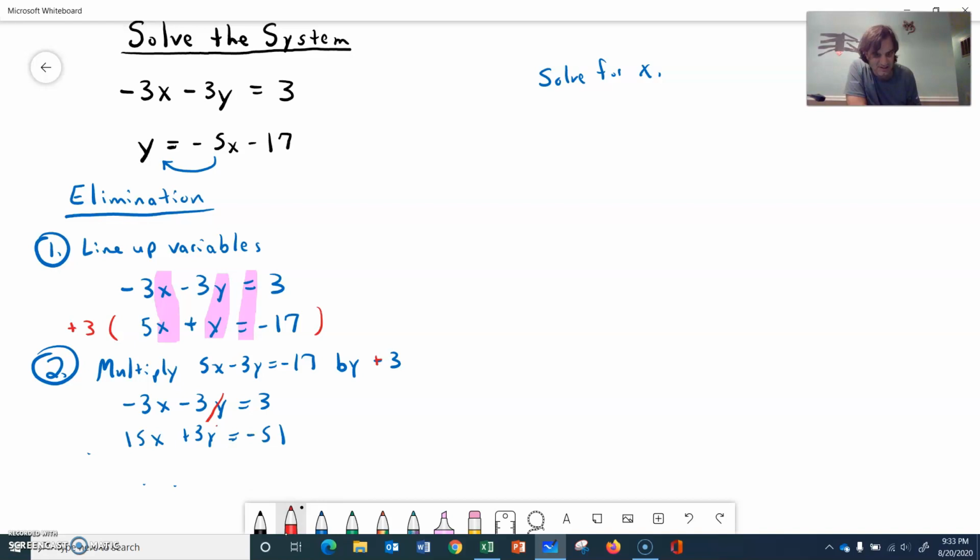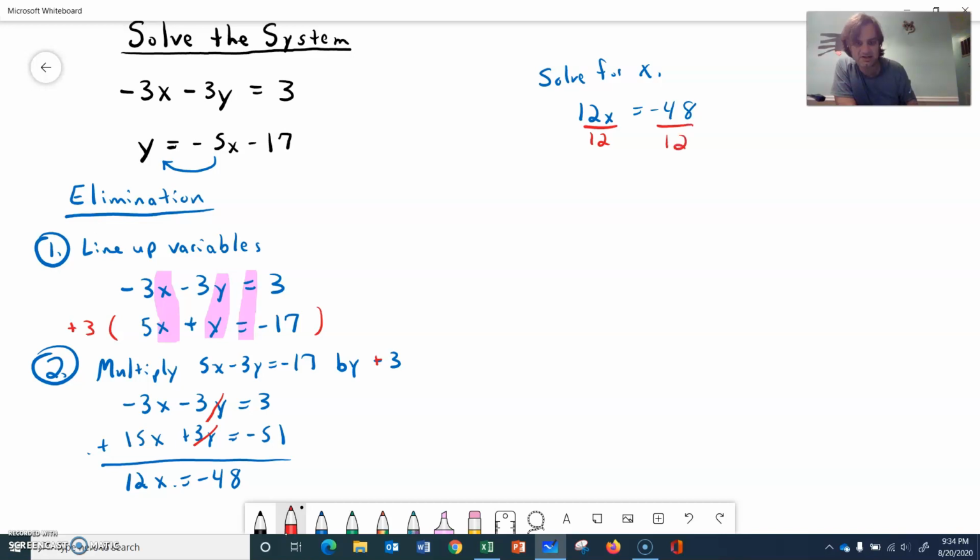So the 3 y's are going to still cancel out. But when I combine those, I'll have 12x equals negative 48. And that should look familiar from when we did it with substitution. So I need to solve that for x. I'm going to divide both sides by 12. I apologize for the error there.